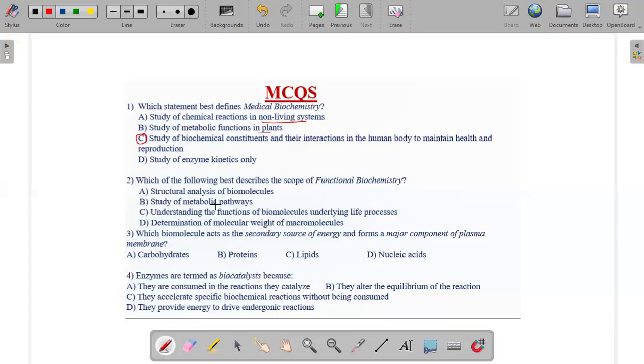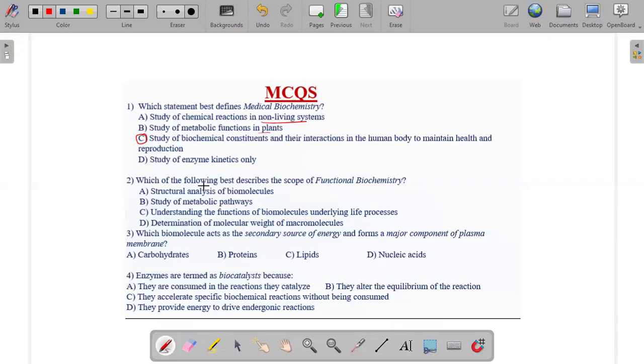Okay, so let's go to part 2. This is saying which of the following best describes the scope of functional biochemistry. A says structure analysis of biomolecules; another says study of metabolic pathways, understanding the function of biomolecules underlying life processes; and another, determination of molecular weight of macromolecules.